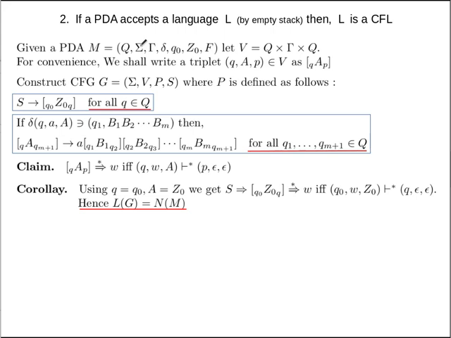Now in that case the state was kind of irrelevant. We just used one state and it was not used at all. But here you are starting with a given PDA with lots of states, and this transition function can be anything which changes the states as well as it manipulates the stack symbols.